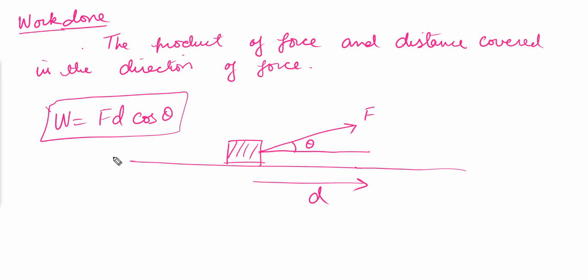Alright, so after this work done, we have to discuss another type of work, and basically energy and work done are the same. Now we have to discuss the kinetic energy. So let me just erase it and then we'll discuss the kinetic energy.